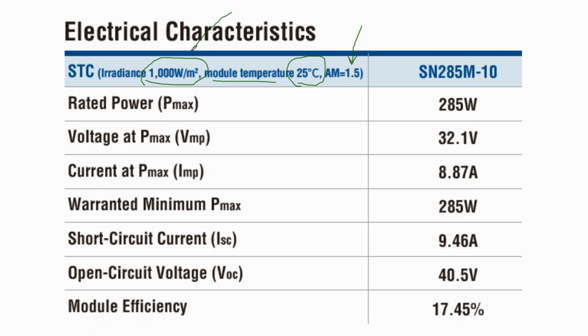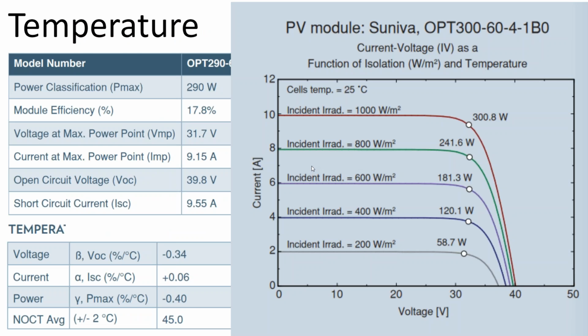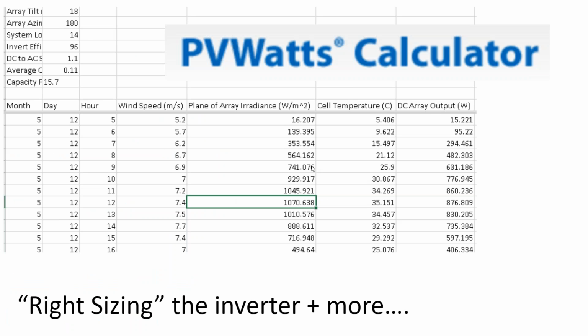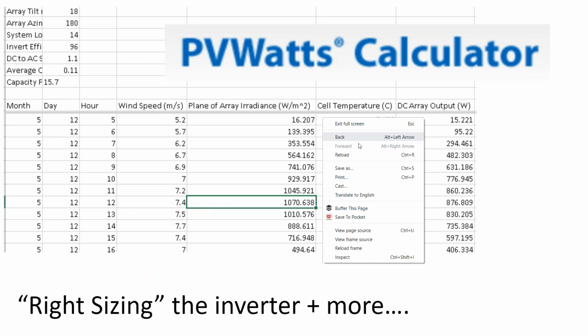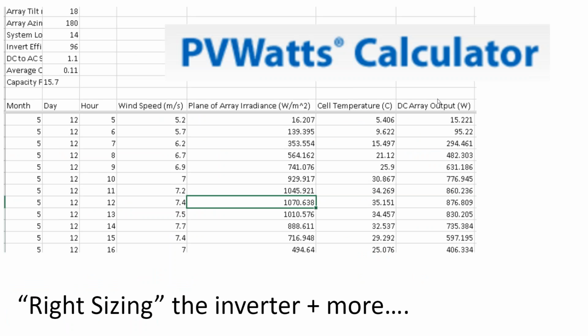But we don't always have this 1,000 watts per meter squared in the air. We go back to our PVwatts printout and we can see, okay, well, here in the morning, at 6 a.m., 7 a.m., 8 a.m., we're only getting up to 500 watts per meter squared.